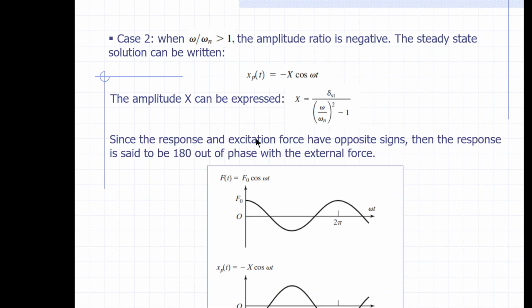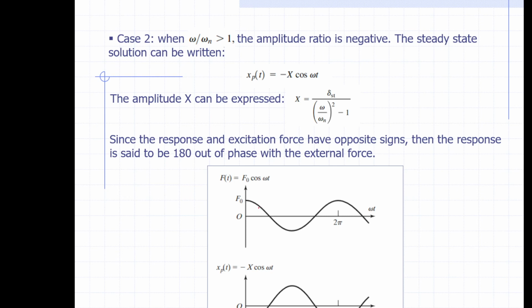But in case 2, when the frequency of the excitation force is higher than the natural frequency, then the amplitude of the particular solution is negative.